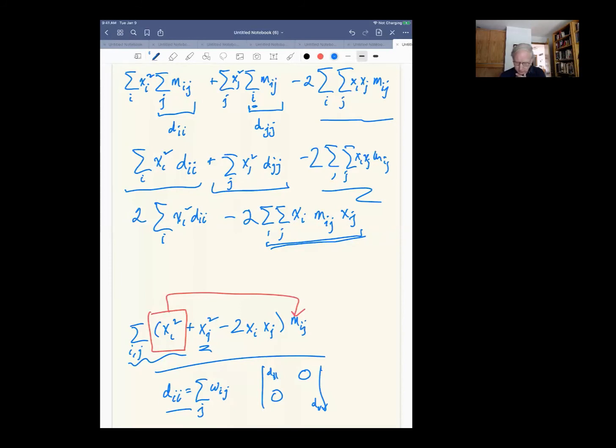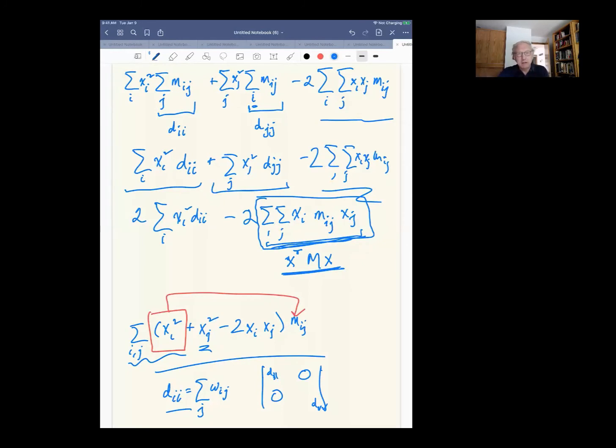So if X is a vector in a space of dimension V, then we've got X transpose, our matrix M, and X. This product of these three matrices is actually defined by what I've written here.